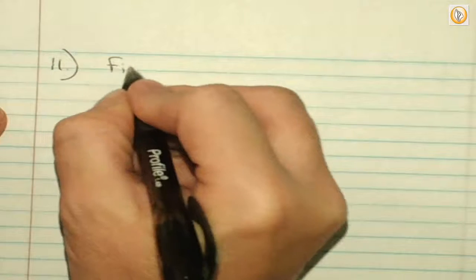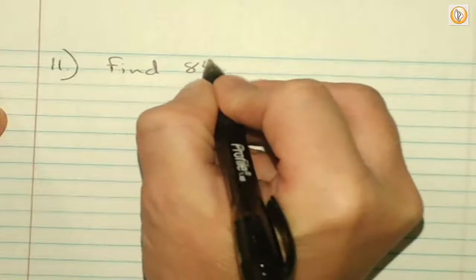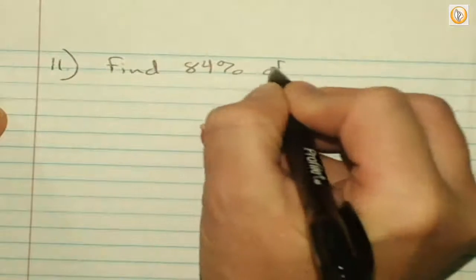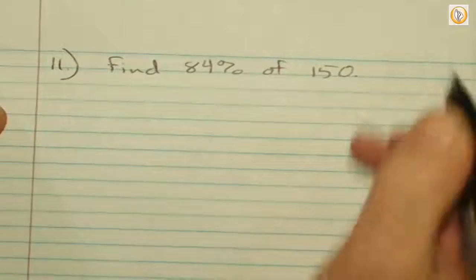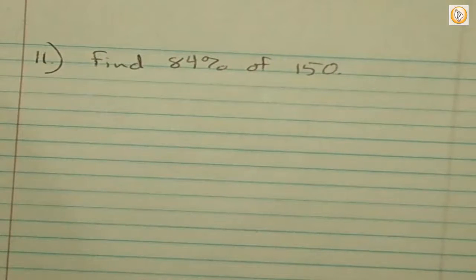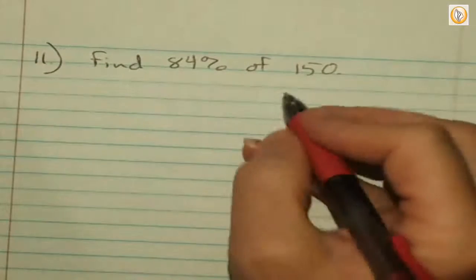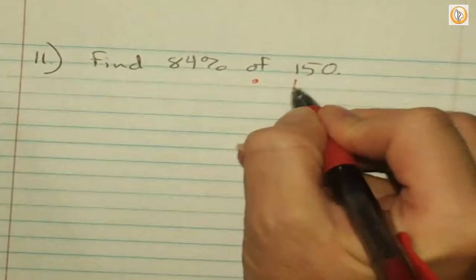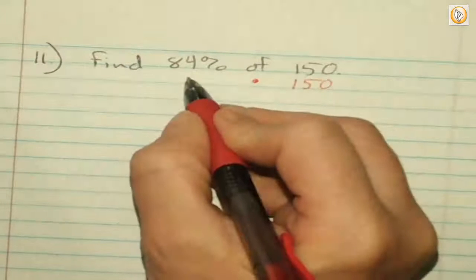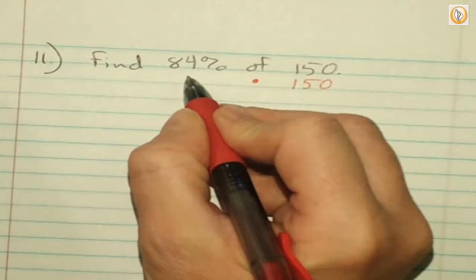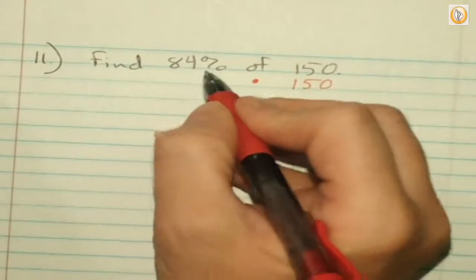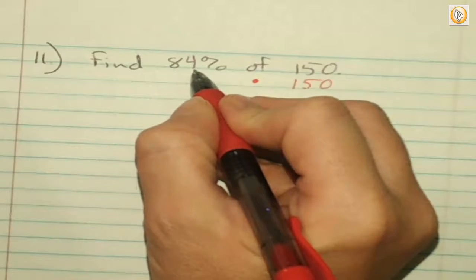Okay, so 11 is find 84% of 150. All right, guys. Chat, what is "of"? Times. I'm bringing down my 150. What do I do to the 84%? Change it to a decimal. And I do that how?